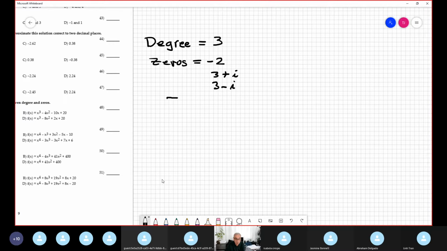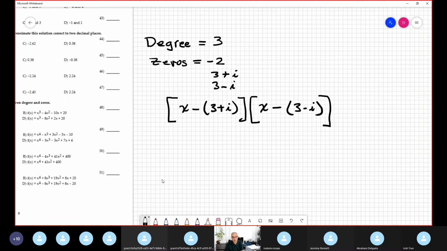How? My recommendation is to open the bracket. You put x minus 3 plus i, times x minus 3 minus i. After, I don't forget this factor, x plus 2. But this is after. What is the reason?